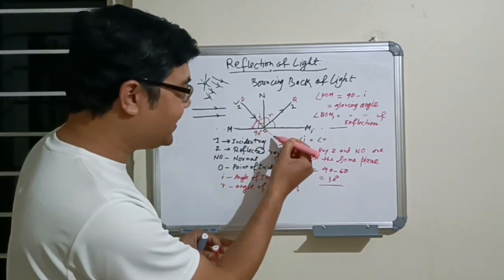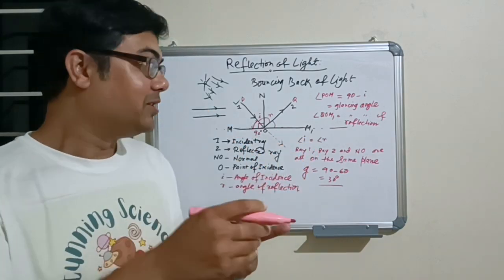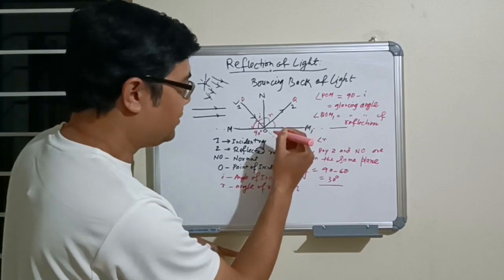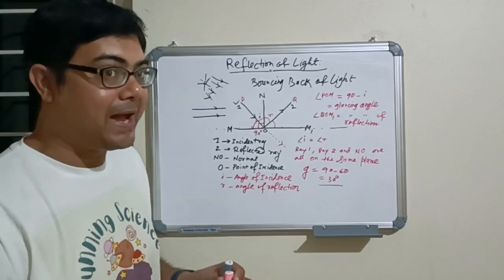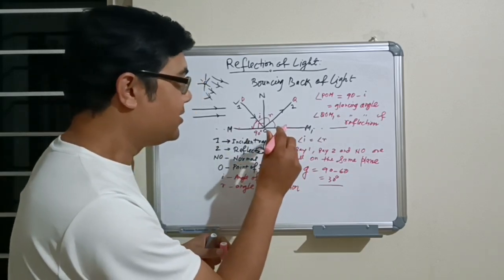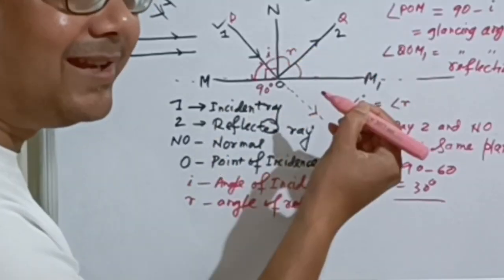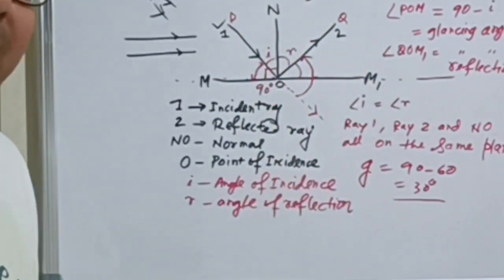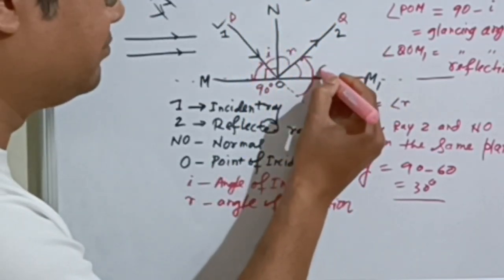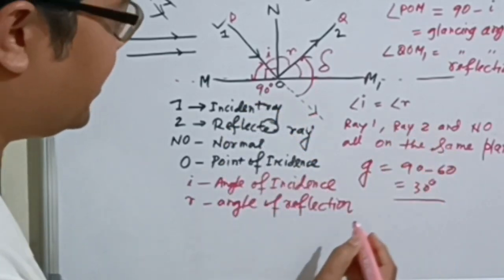Now this extended ray makes an angle with the reflected ray. Remember, we have traced it back in the absence of the mirror, so we are just thinking. Let's say this angle is delta. Delta is known as the angle of deviation.